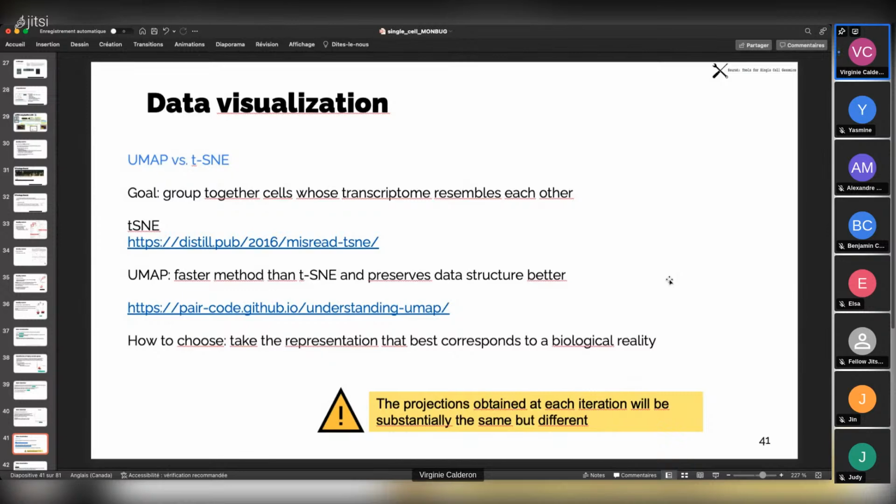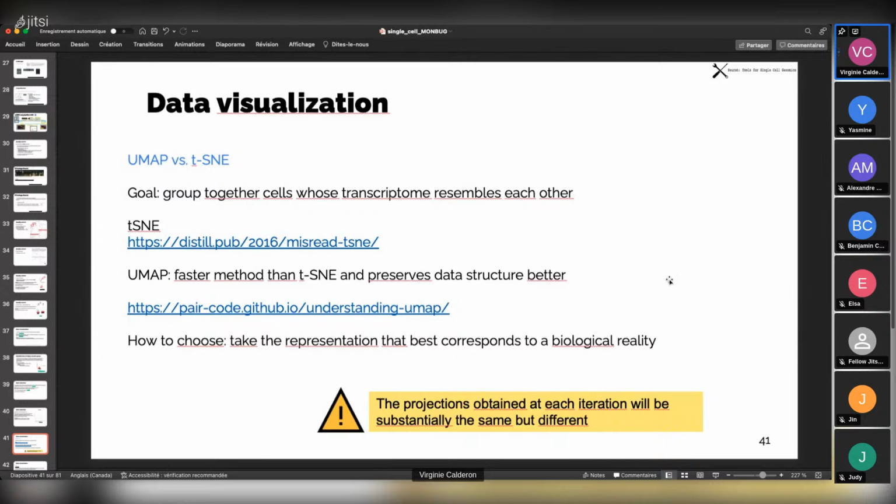So there are two ways: the t-SNE and the UMAP. The main advantage of UMAP is that it's a faster method than t-SNE, but with the computing power we have now, I don't think it's still an issue. The main advantage is that it better preserves the structure of the data, so it reflects more how the cells regroup in space.